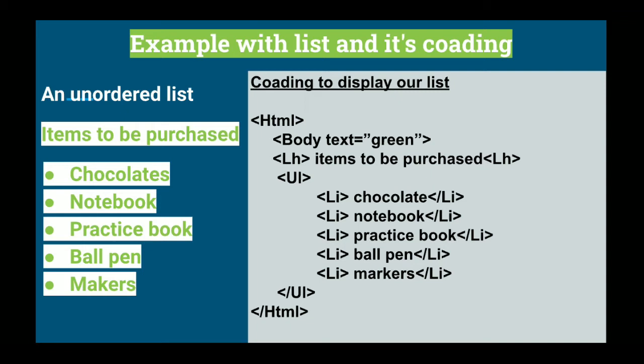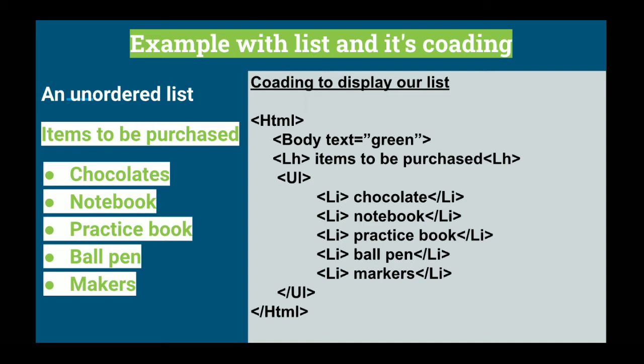Why the UL tag? Because we know that it is the unordered list, and to create that we have to start the list with UL. So first write UL. Then in the next line use LI tags to list out all the list items. A separate LI tag is required for each and every list item.